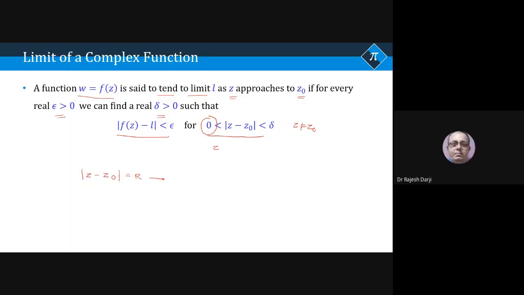What does it represent? |z minus z0| equal to r. z0 is a point and r is radius. तो ये क्या होगा? This is a circle, ठीक है, with center z0 and radius r.